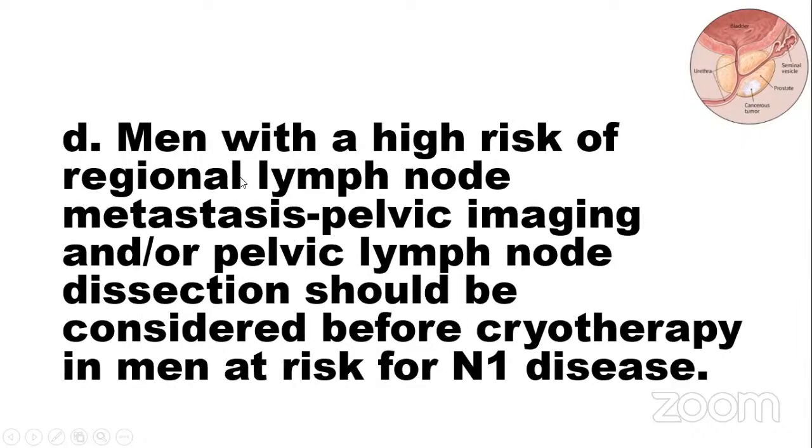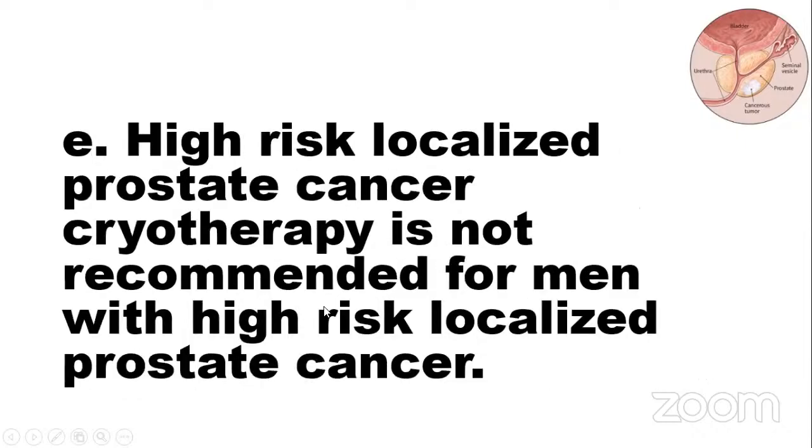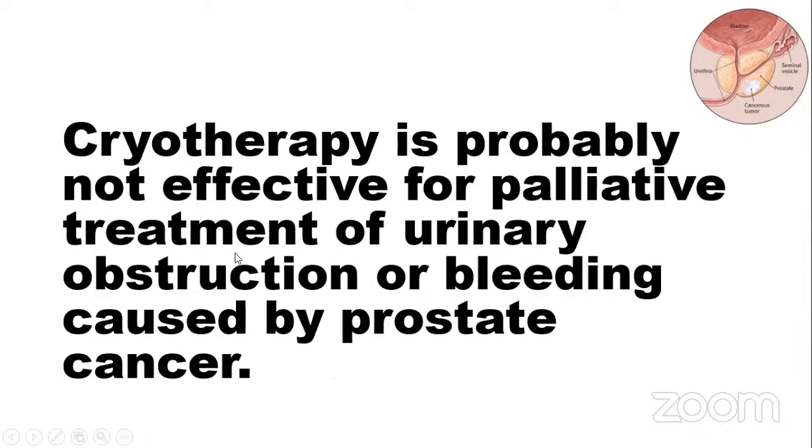Men with a high risk of regional lymph node metastasis: pelvic imaging and/or pelvic lymph node dissection should be considered before cryotherapy in men at risk for N1 disease. High risk localized prostate cancer: cryotherapy is not recommended for men with high risk localized prostate cancer.